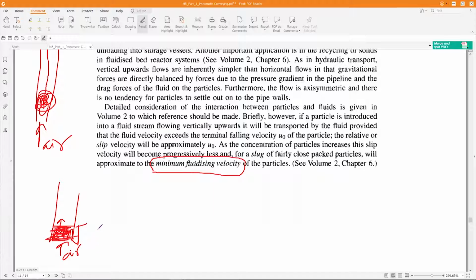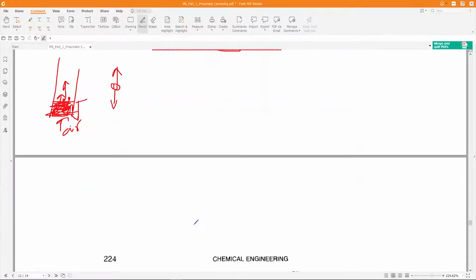At that point, when the drag force equals the weight of the particle, the particle just starts to move with air. That is called the minimum fluidization velocity of particles. The particles will only move with the air if the velocity of the particles is greater than the terminal velocity of the particles.